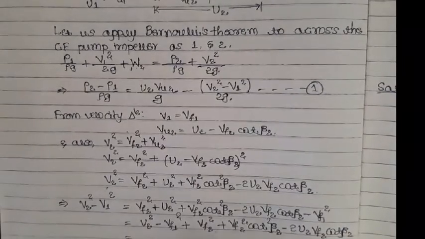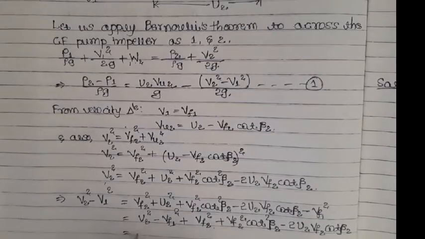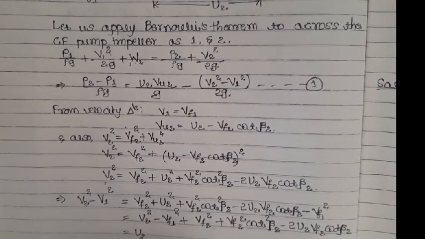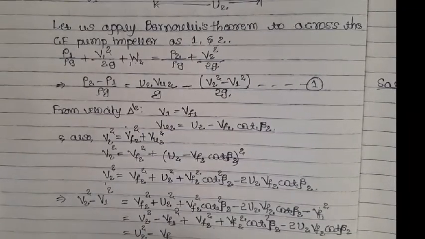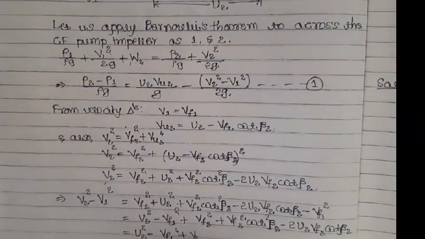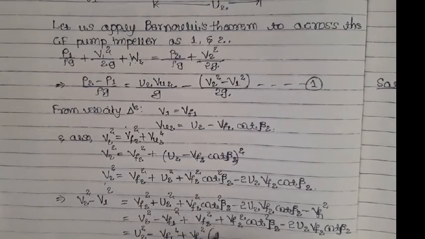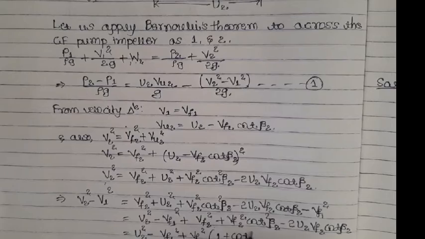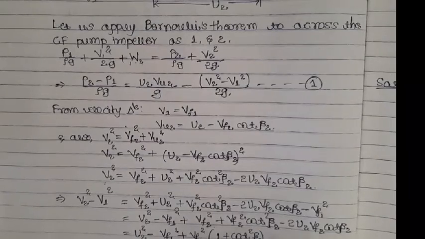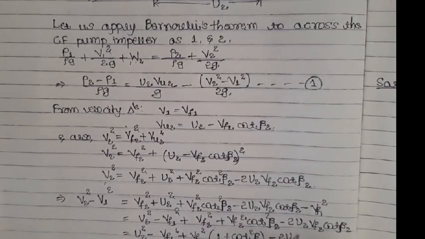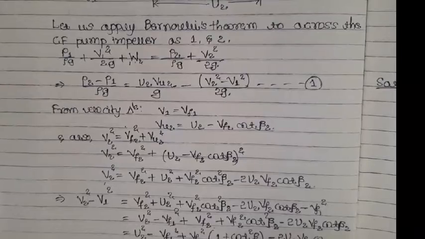Now let us take Vf2 square common. So let me write U2 square minus Vf1 square plus Vf2 square common, and it becomes 1 plus cot square beta 2 whole, minus 2 U2 Vf2 cot beta 2.